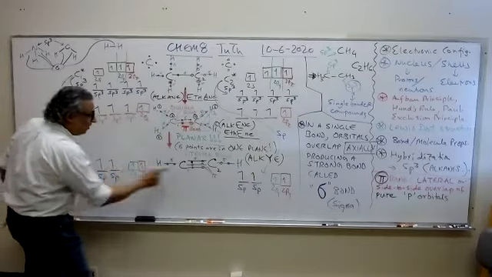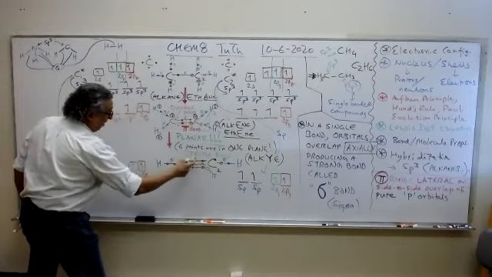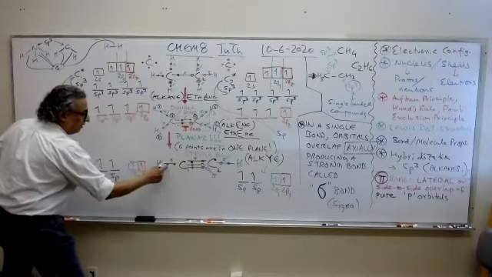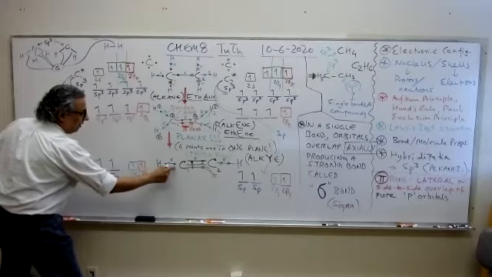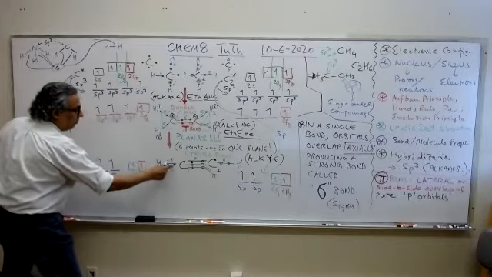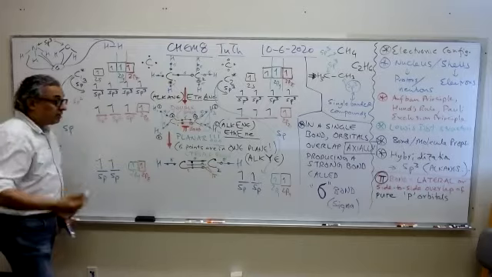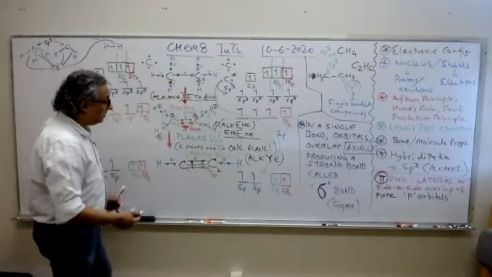The sp-sp bond forms here, and this electron with the hydrogen's 1s will form this sigma bond and that sigma bond, okay? So this is what sp hybridization looks like.